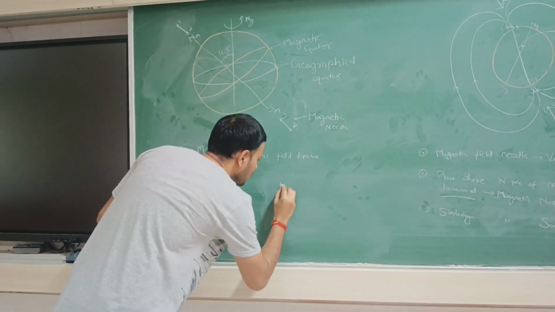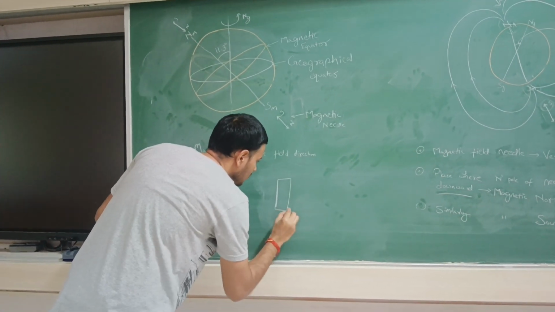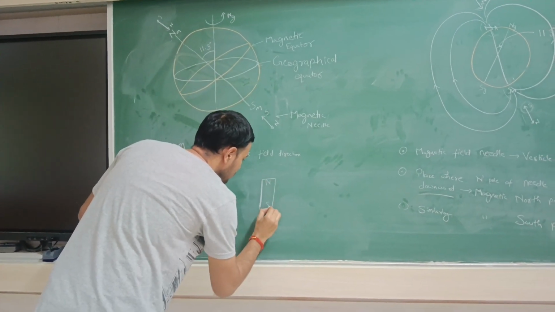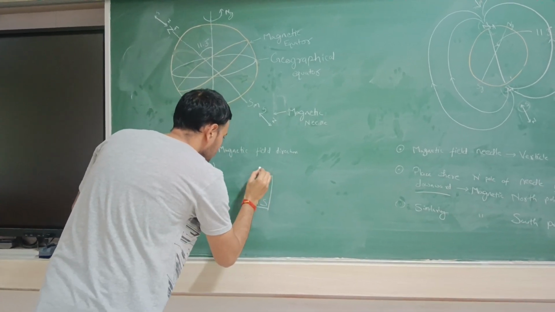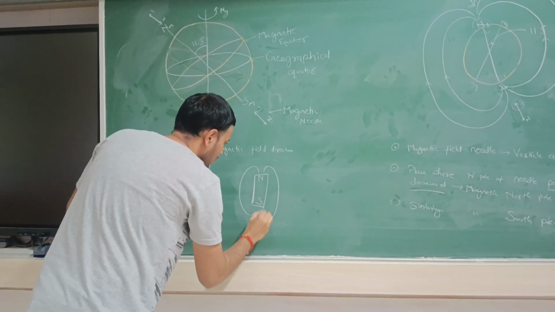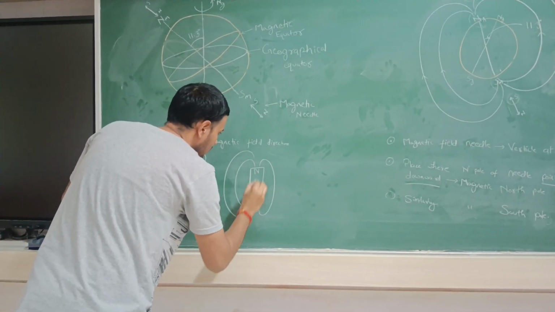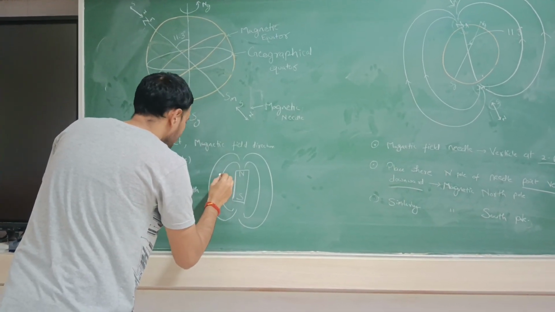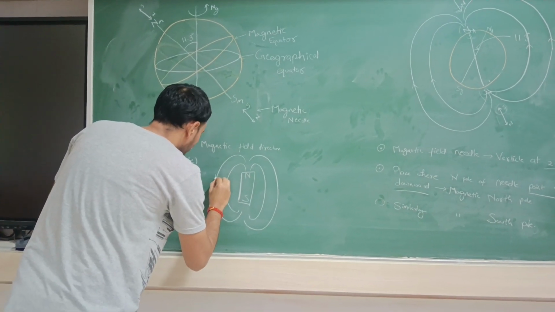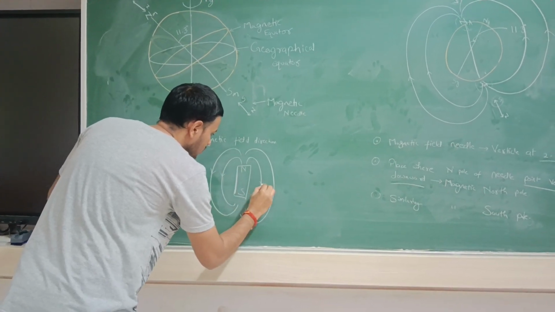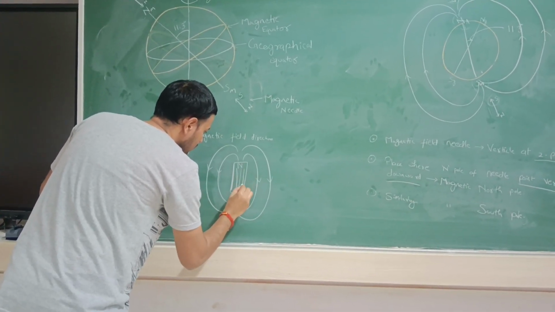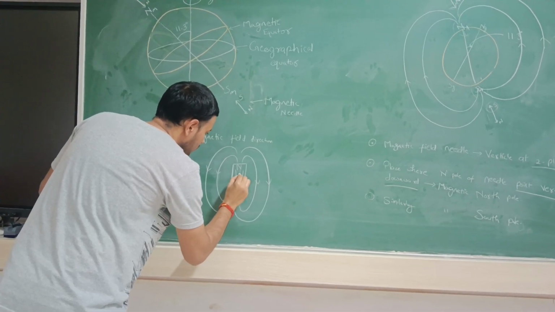As you can draw a bar magnet, and if we mark this as north and this one as south, then here outside, the direction of the magnetic field is from north to south, and inside from south to north.